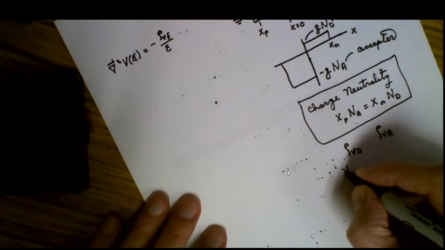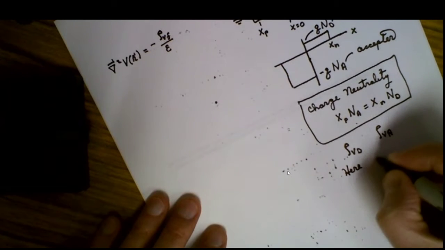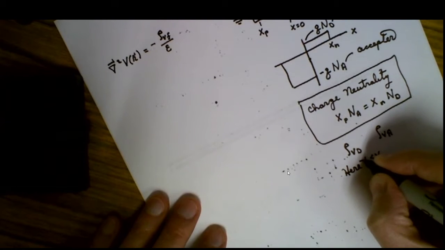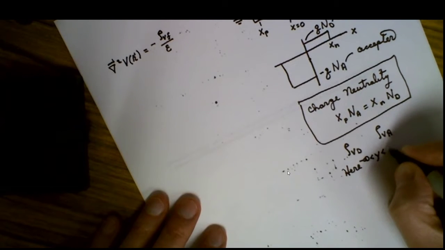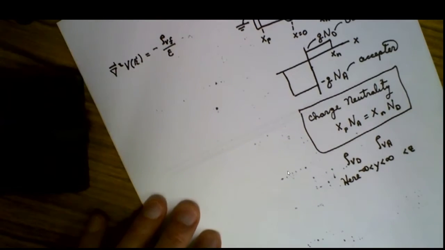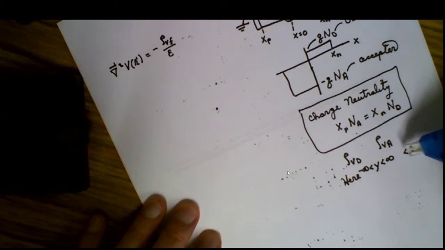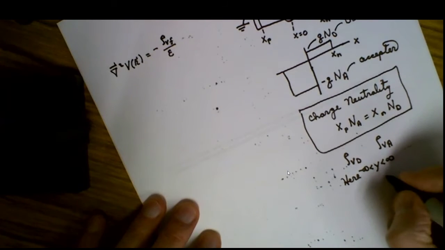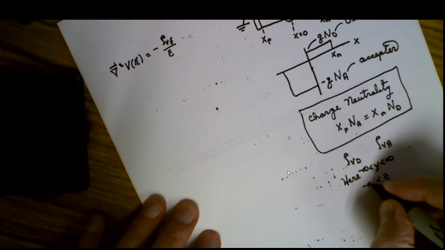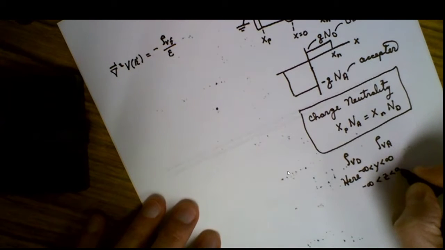Here, y is between minus infinity and plus infinity, and z is greater than minus infinity and less than infinity.